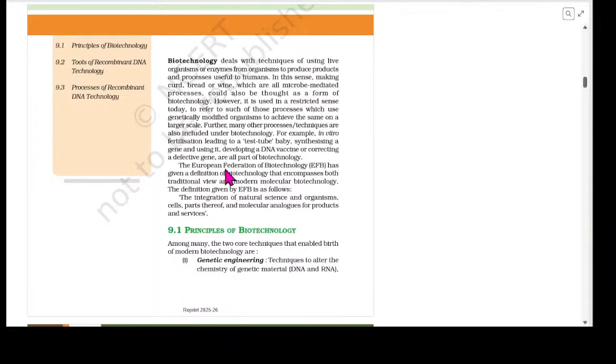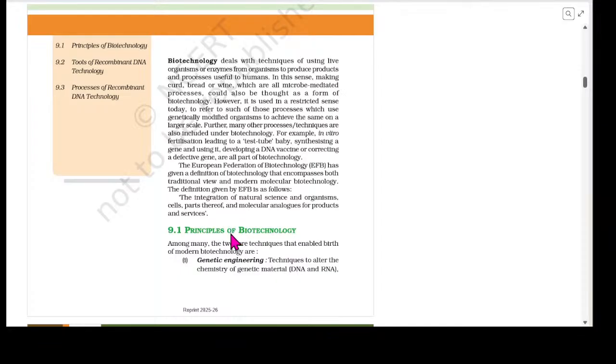The European Federation of Biotechnology, EFB, has given a definition of biotechnology that encompasses both traditional view and modern molecular biotechnology. The definition given by EFB is as follows: the integration of natural science and organisms, cells, parts thereof, and molecular analogues for products and services.